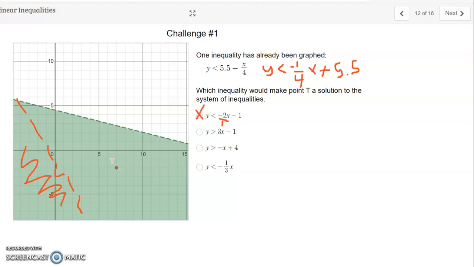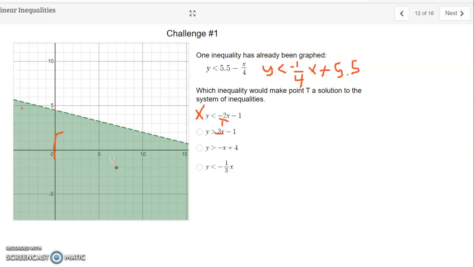For B, let's erase this. My y-intercept is going to be negative 1, and then my slope is going to be 3 over 1x, so up 1, 2, 3 to the right 1. Okay, so my slope is 3 over 1.